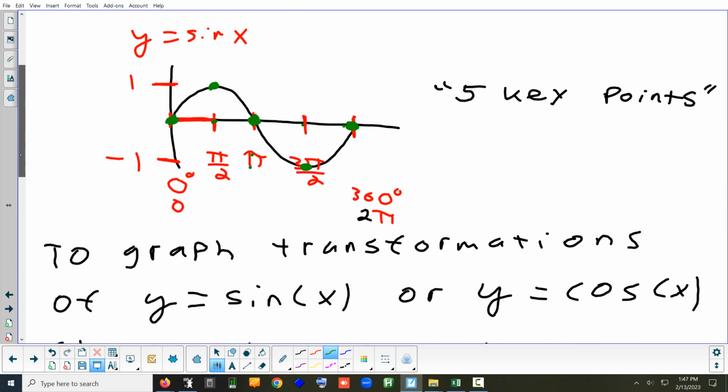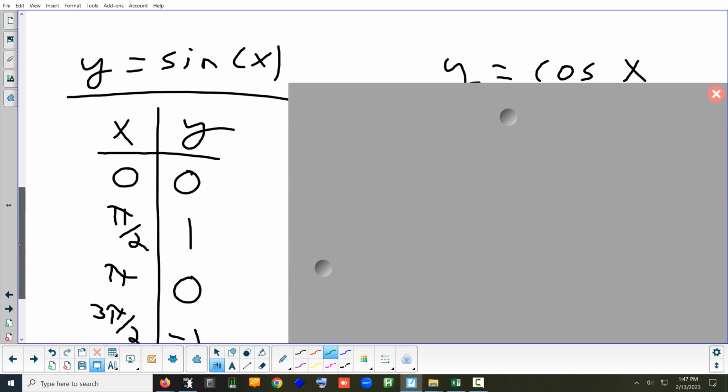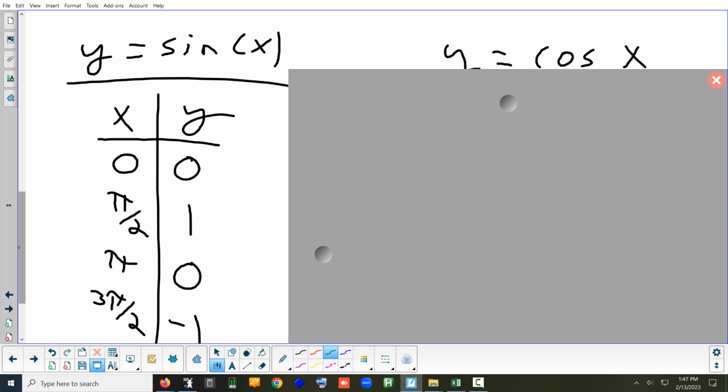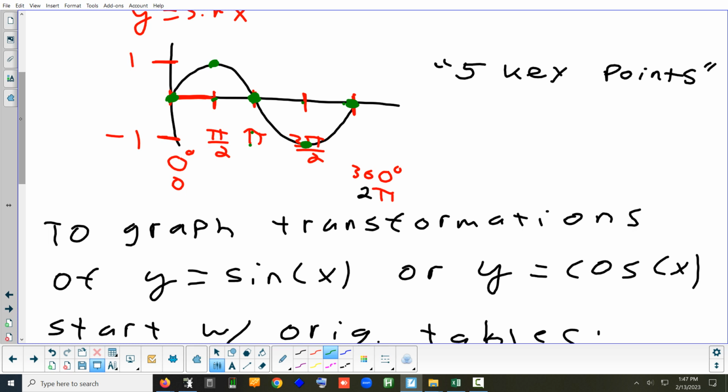All right, let's try the fourth. Grady, what's my fourth point? 3 pi over 2, comma -1. Yep, 3 pi over 2, -1. That's the 3/4 mark in my cycle. And what about the last point, Sam? 2 pi, comma 0.